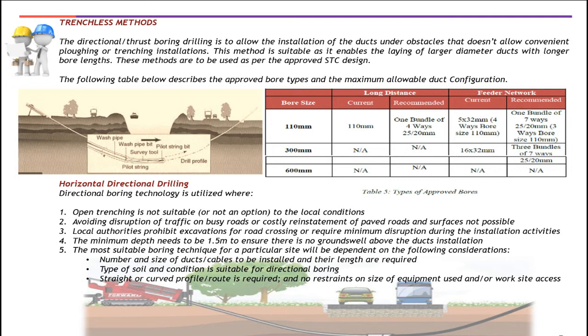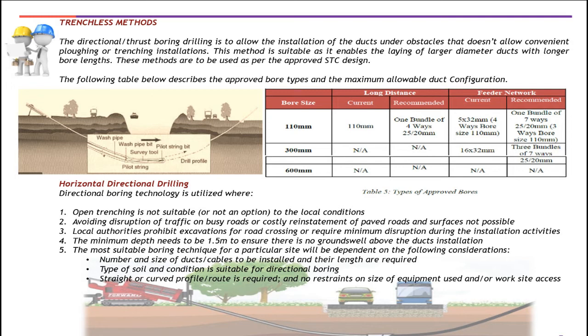For thrust boring, the direction of the bore is unidirectional, whereas an HDD has a pilot bore with a similar function to thrust boring, but the direction of the boring is multi-directional, meaning that you can drive the pilot bore in any direction for the HDD.